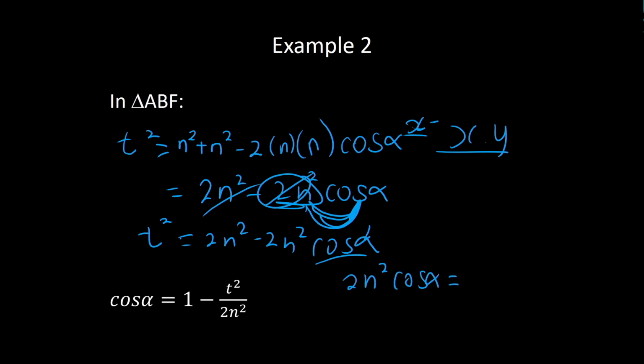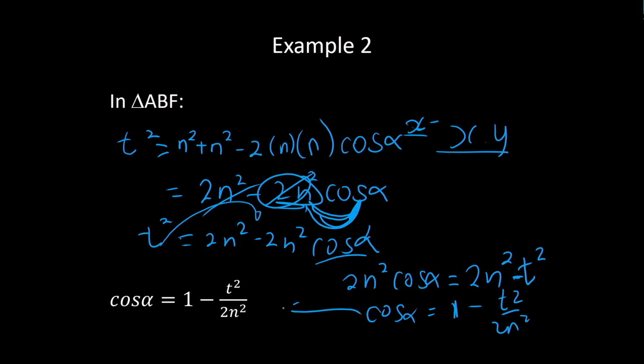At the same time, I'm going to bring this t squared over to the right-hand side. So I get 2n squared minus t squared. And then I'm going to divide through by 2n squared. So I get cos of alpha is equal to 2n squared divided by 2n squared, which is 1, and then minus t squared divided by 2n squared, which is minus t squared over 2n squared. So as you can see, we've got to a cos of alpha in triangle ABF.